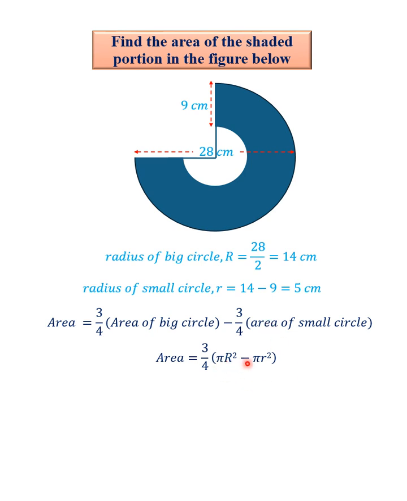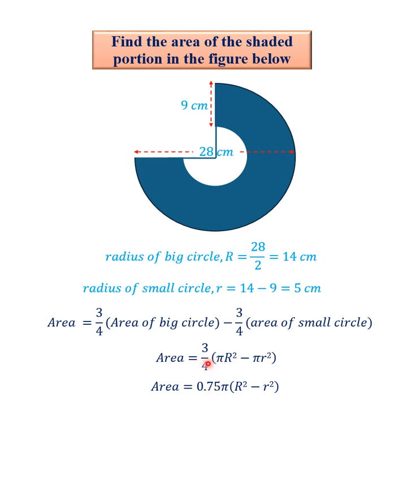We can also factorize pi out of this right hand side because it's common. So if we factorize pi out and put the values of R and r, we have area equals 0.75 pi, because 3/4 is 0.75.